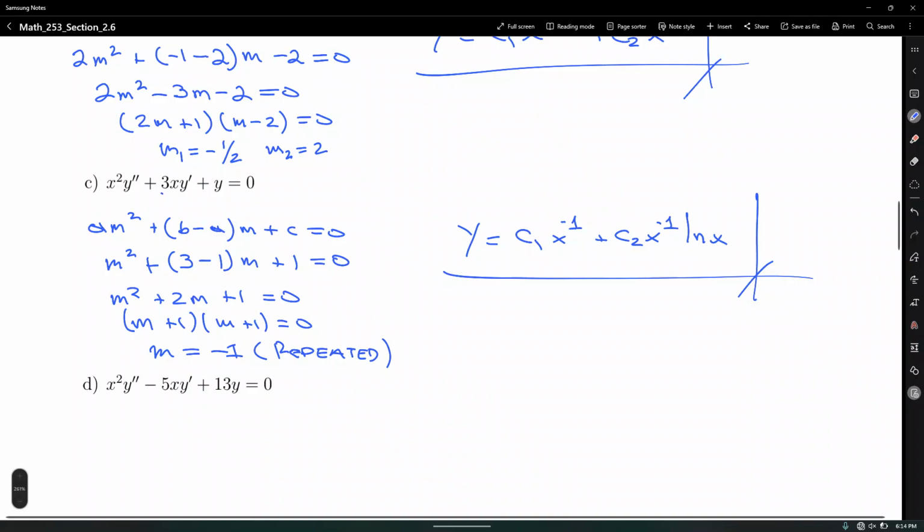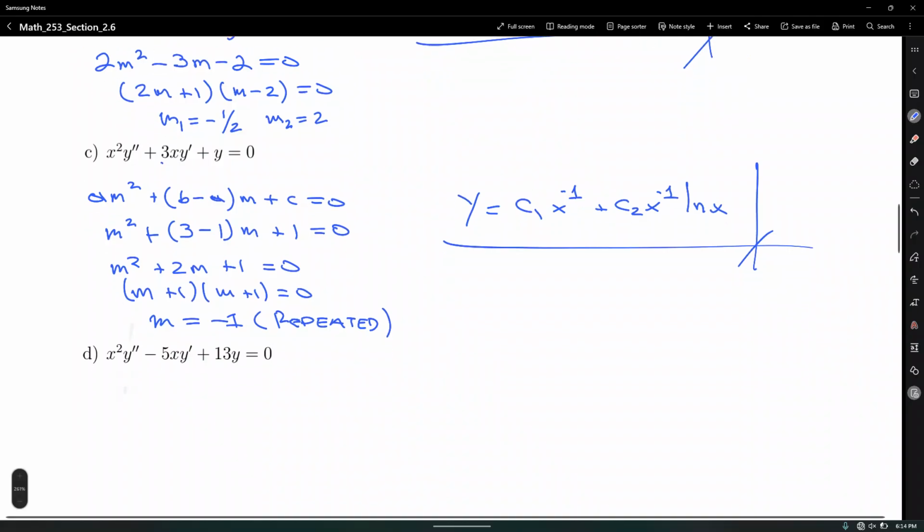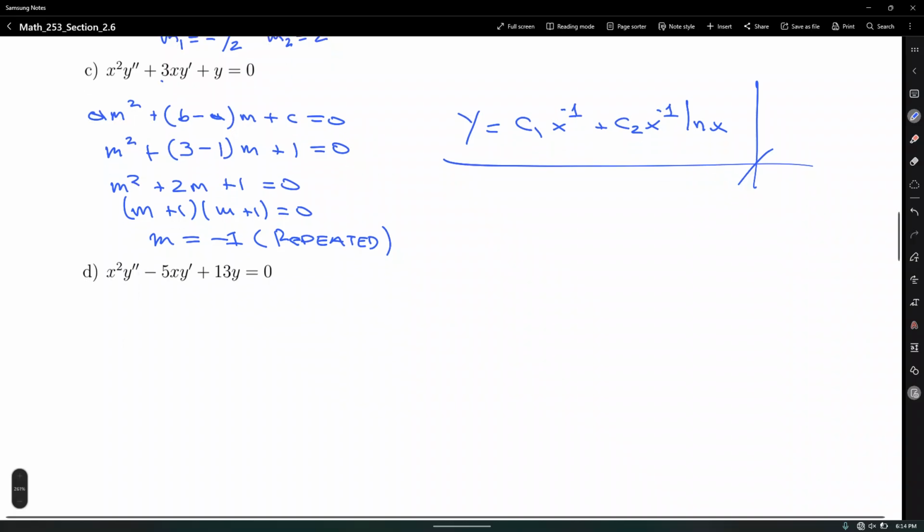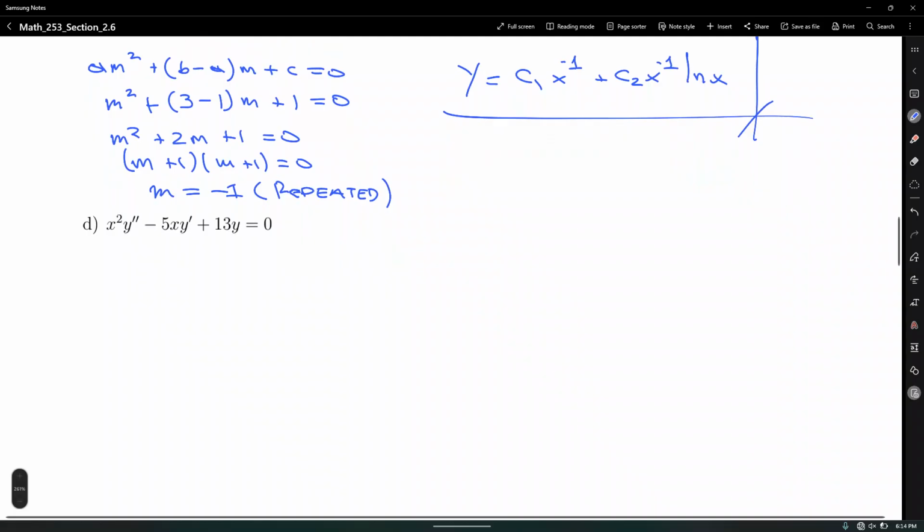Okay, let's do another one. All right. A fourth example, one more. So this would be am squared plus the quantity (b minus a)m plus 13 equals 0. All right.